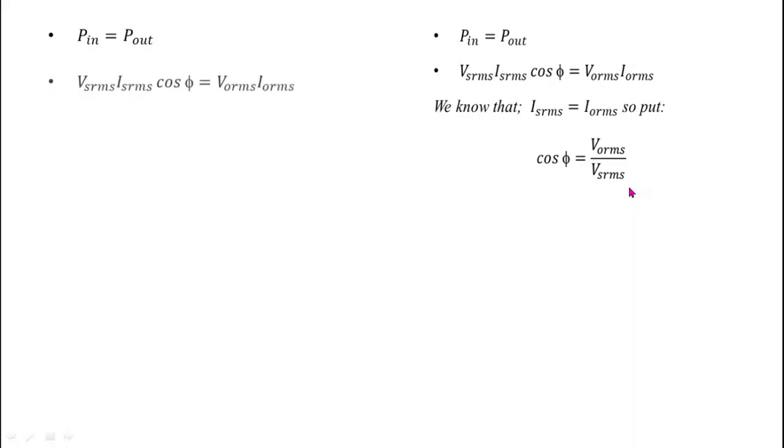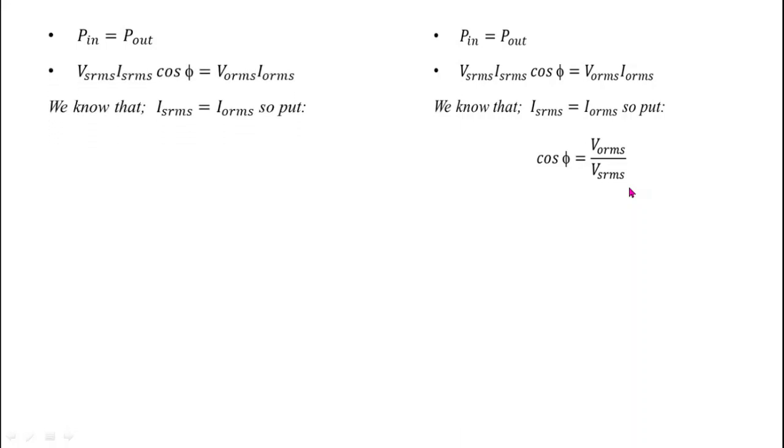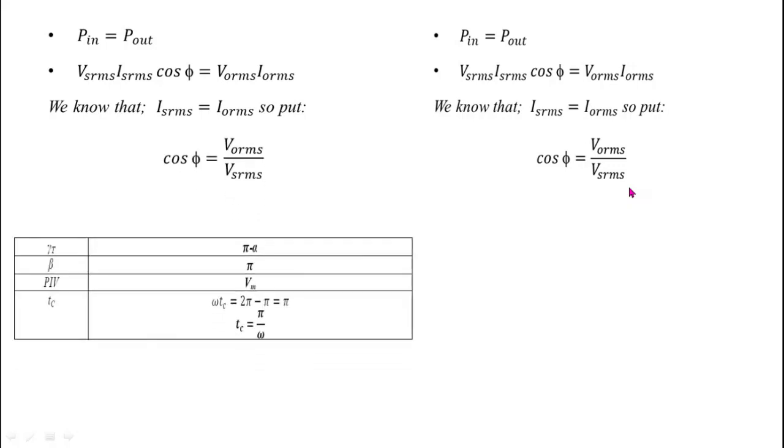Okay, next is: what is the conduction angle of the thyristor? We know that we get output voltage from alpha to pi, and we get output voltage only when the thyristor conducts. So the thyristor conducts from alpha to pi.